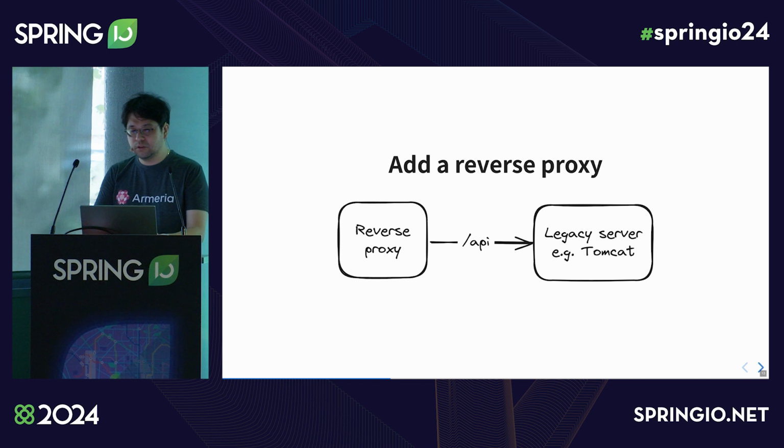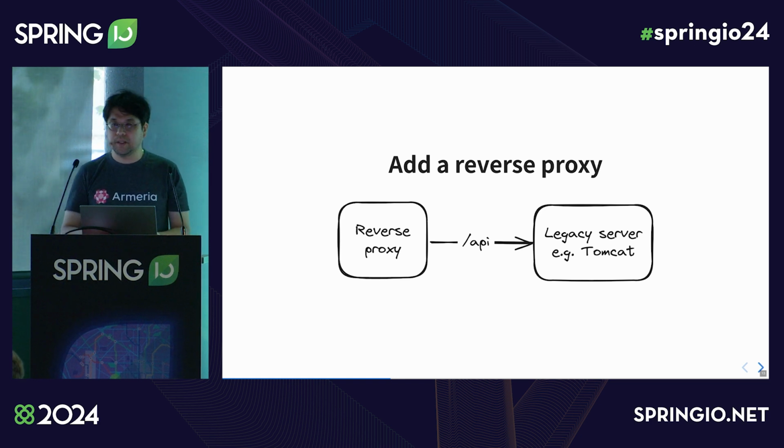The typical solution for preparing the migration process is to add a reverse proxy in front of the legacy server. It can be Nginx, Envoy, Traefik, HAProxy, Elastic Load Balancer, etc. But it has to be there so we can begin.